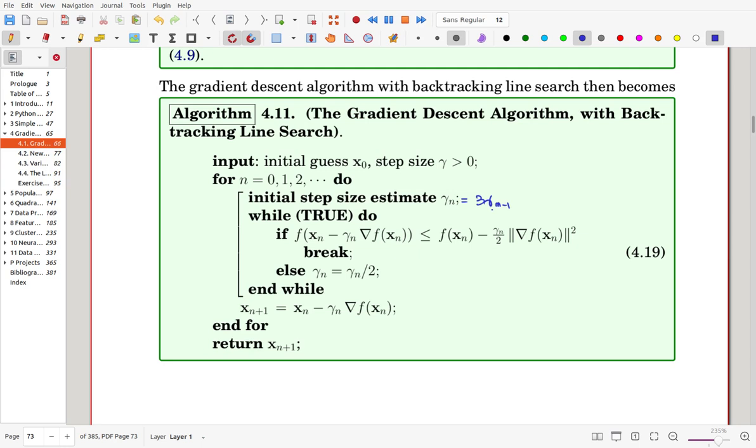So choose a little bit larger, and then while checking the sufficient decrease condition, it can become smaller and you can settle down. That is one example, 30 gamma n minus 1 or 5 gamma n minus 1. Start with that and just shrink during the iteration, and you can decide finally. Using that, you update and go to the next iteration. That is called backtracking line search.